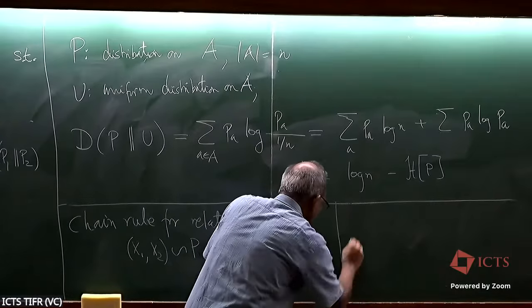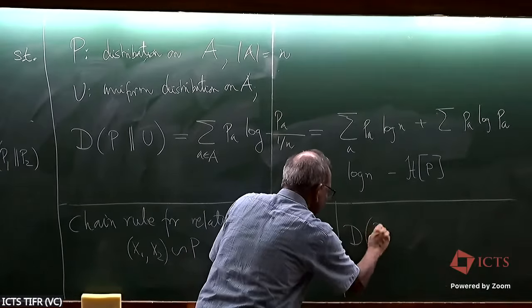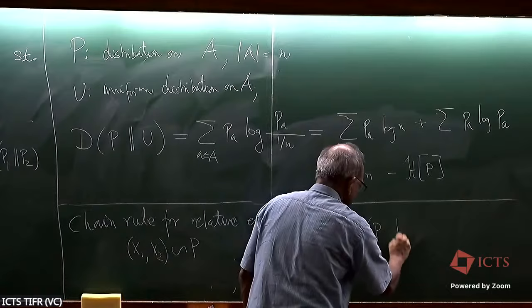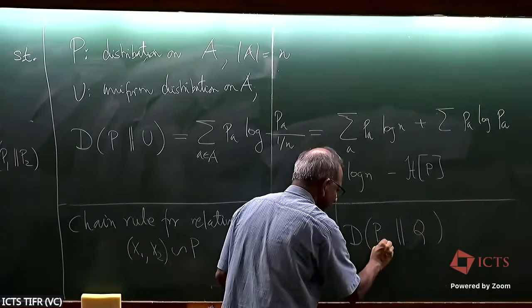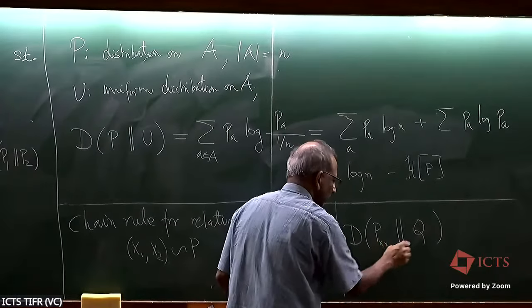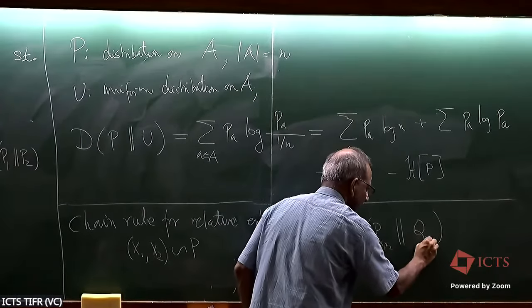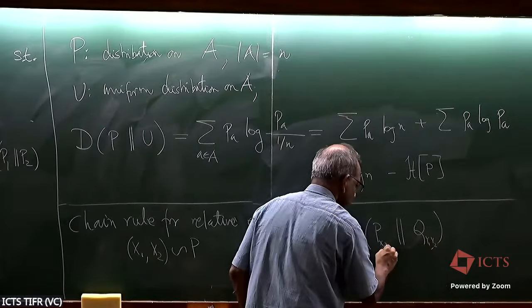And so we can write down the relative entropy. And just to emphasize, this is the distribution of x1, x2, and this is the distribution of y1, y2.